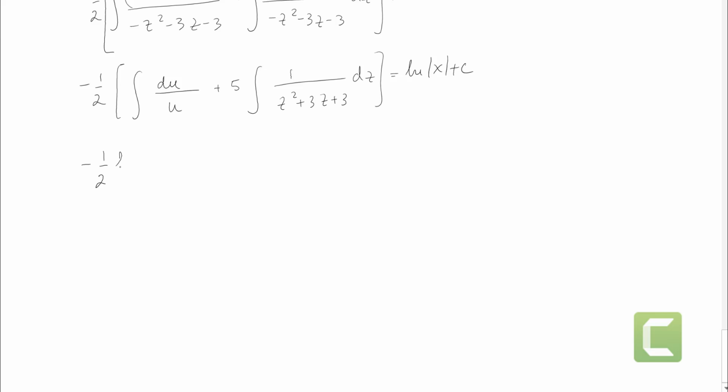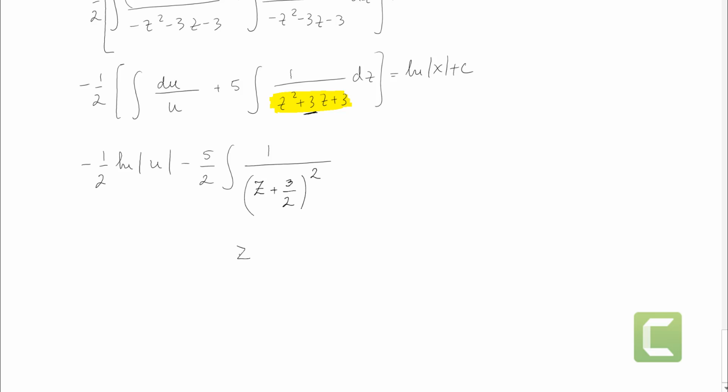So negative a half ln of absolute value of u, minus 5 over 2 integral of 1 over z squared plus 3z plus 3. We made a lot of substitutions, so we have to be very careful. I want to solve this one by completing the square. So it's going to be z plus half of the 3, squared, so 3 over 2 squared.